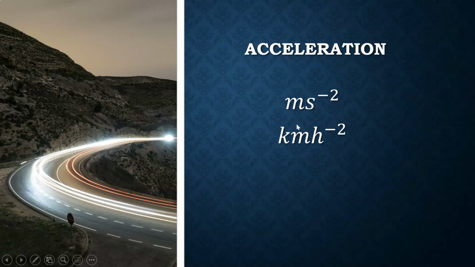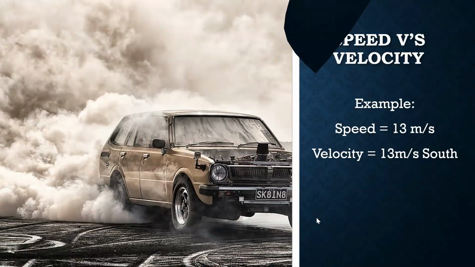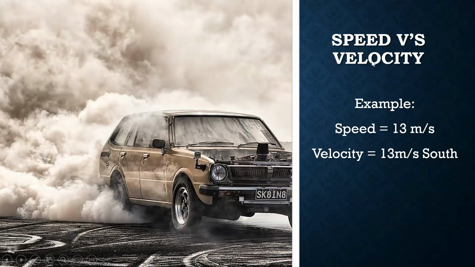Remembering, if we're talking about acceleration, we're using these units. So if you see those units, you know it's acceleration. Now, in all of this, there's different language we're bringing in. We talk about speed, we talk about velocity. Now, I'm not going to say they're the same thing because they're not, but you can interchange them, okay? So basically, speed, I could be talking 13 meters per second.